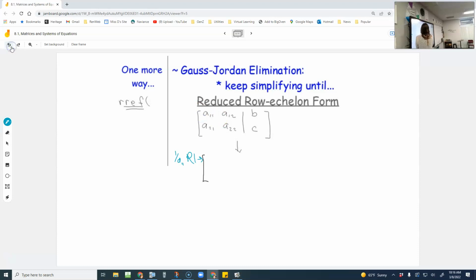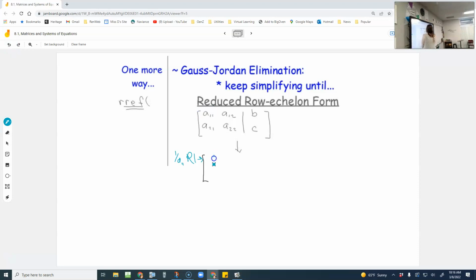But what if it's the reciprocal of, I don't know, a negative 5. What's negative 5 times negative 1 over 5? 1. So no matter what I have, if I multiply it by its reciprocal, I will always get a 1, and that's always what I need to start.